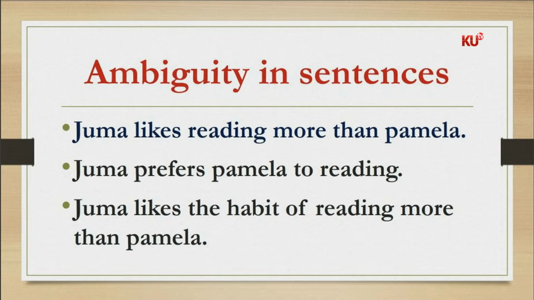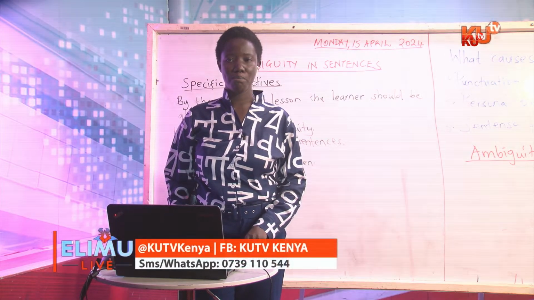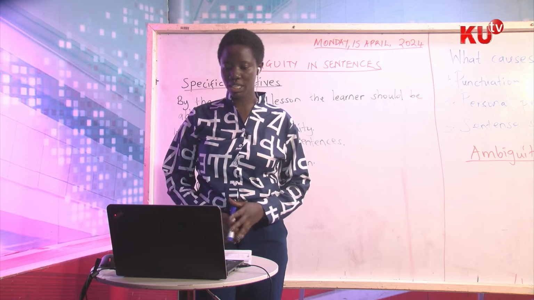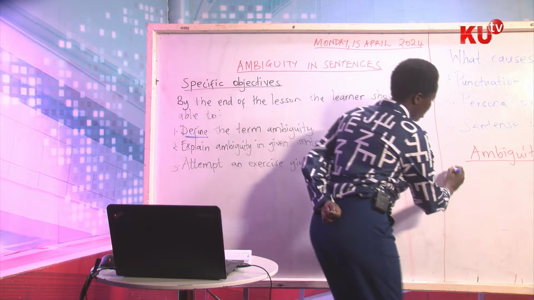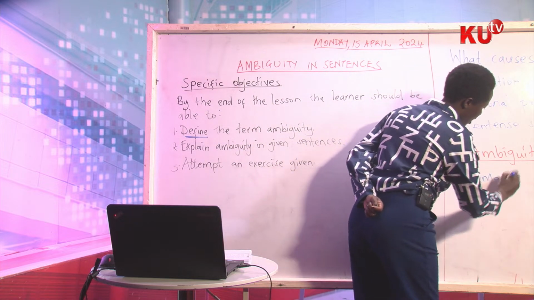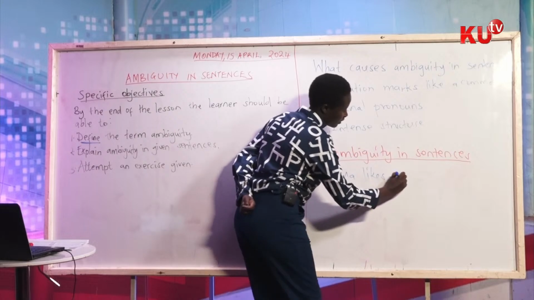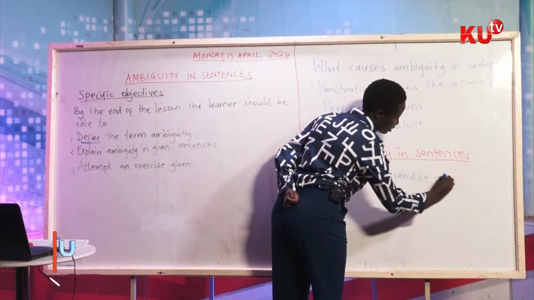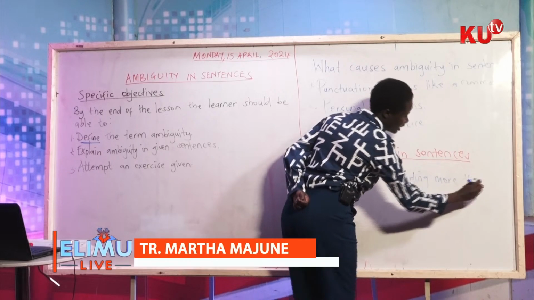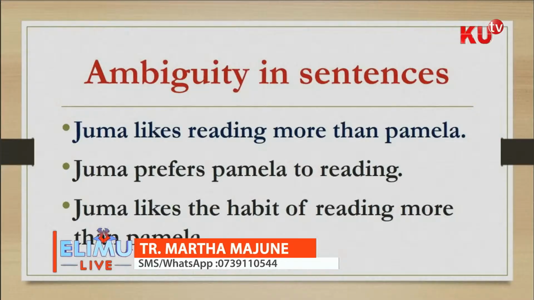So what are some of the sentences that are somehow confusing that we have to give the two possible meanings? When you look at a sentence, for instance, Juma likes reading more than Pamela.